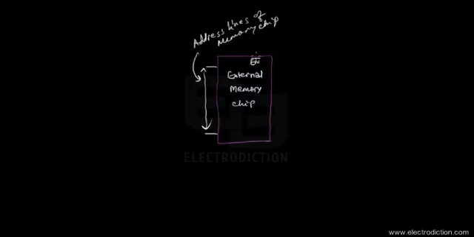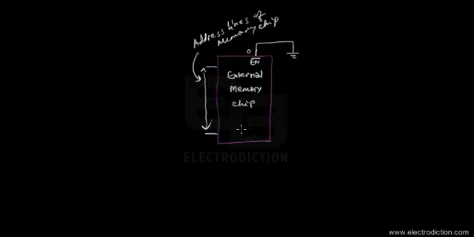This particular pin is an active low pin, which means that in order to use this memory chip, we need to enable it by supplying a logic 0 signal at this enable pin. So we ground it, so that we get a logic 0 voltage level, and now the memory chip is enabled.